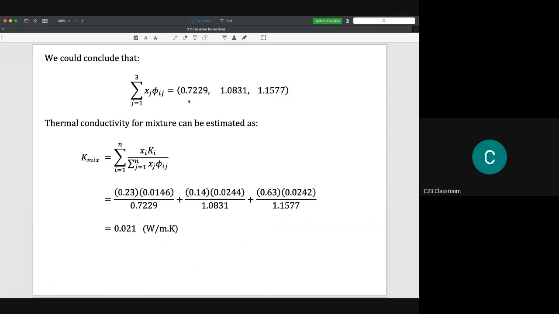So you get this one, and finally we do exactly the same method to calculate this one. Finally we get the thermal conductivity of the mixture, estimated as 0.021 watt per meter Kelvin, as shown here.